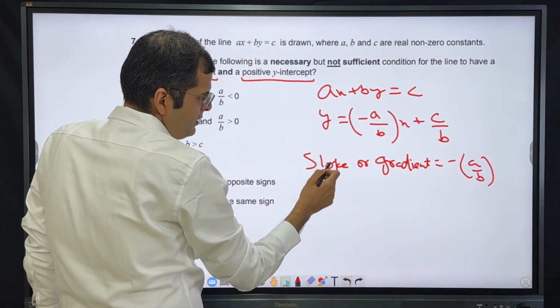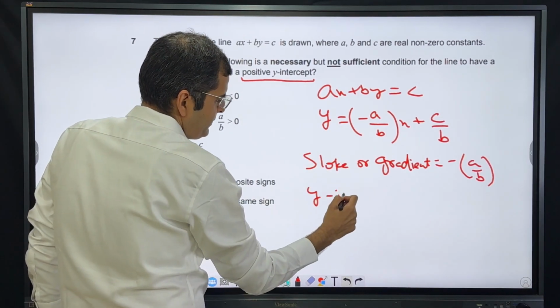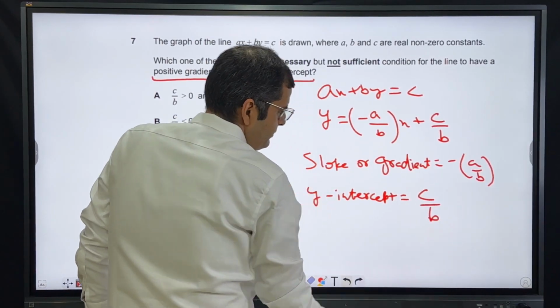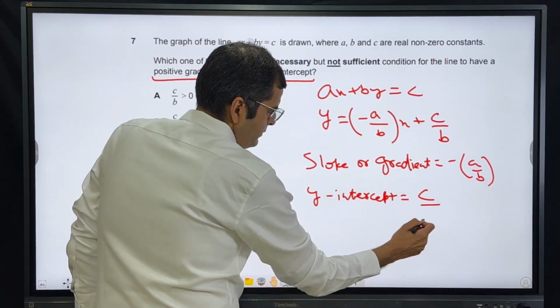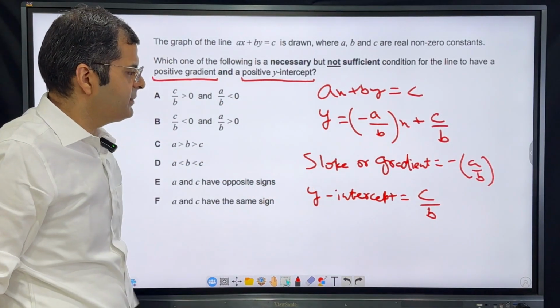Not this C, but the equation is of that form, and y-intercept is C by B. That is C by B.